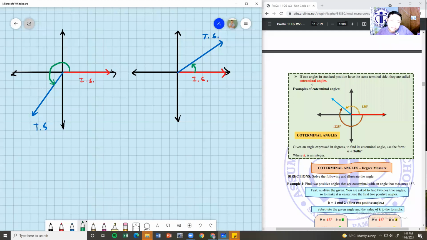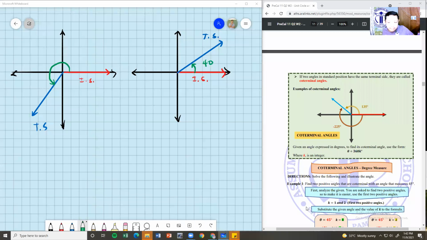So let's say, for example, this measures 40 degrees. Is it positive or negative? Following the initial side and the terminal side, is it positive 40 or negative 40? Type your answer in the chat box, please.